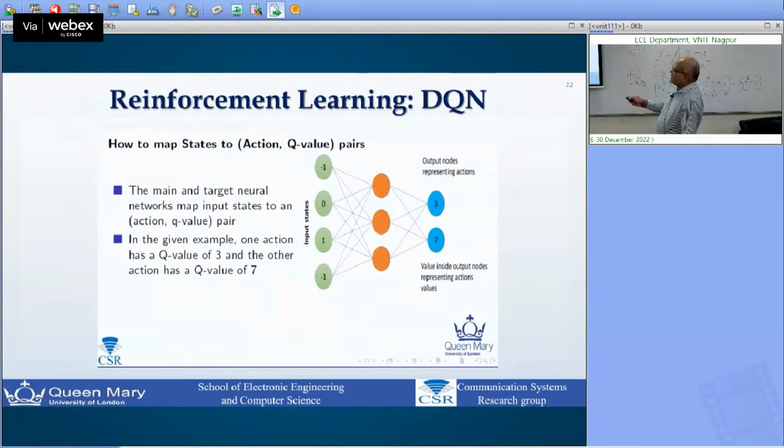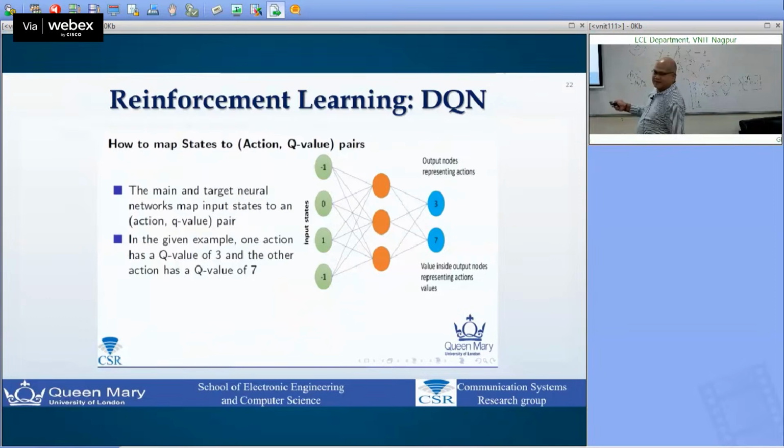Input is the current state. From the current state, for all possible actions, what are the Q values it will give? Because based on the Q value, you are going to select the action. Say for example, one agent, the repetition factor, 8 possible actions it can take. For each of the 8 possible actions, it will give 8 Q values.